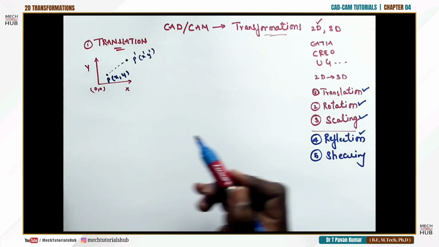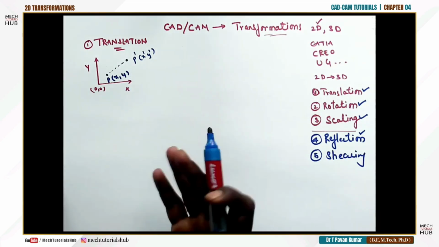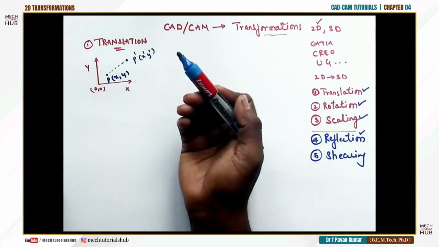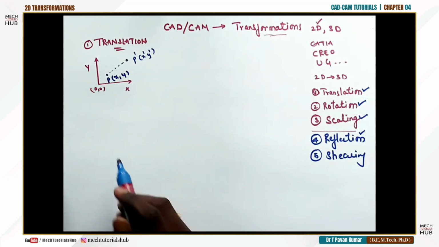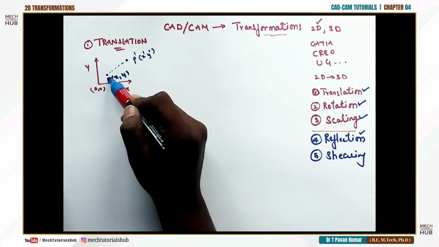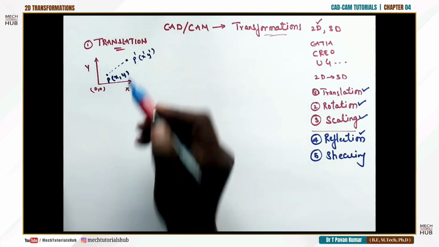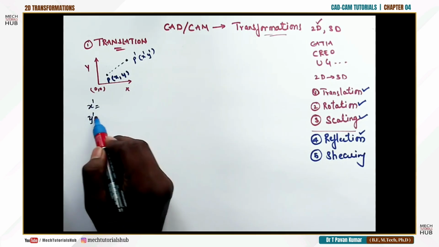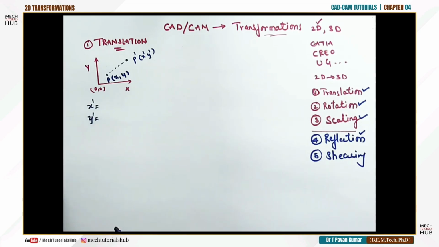Matrix multiplication formats are fed in the form of programming. That is the reason the system reacts to whatever commands you give. So in translation, this is our question. For example, point P from the old position needs to be shifted to the new position. Then x prime and y prime need to be calculated, because x prime and y prime are the new positions.